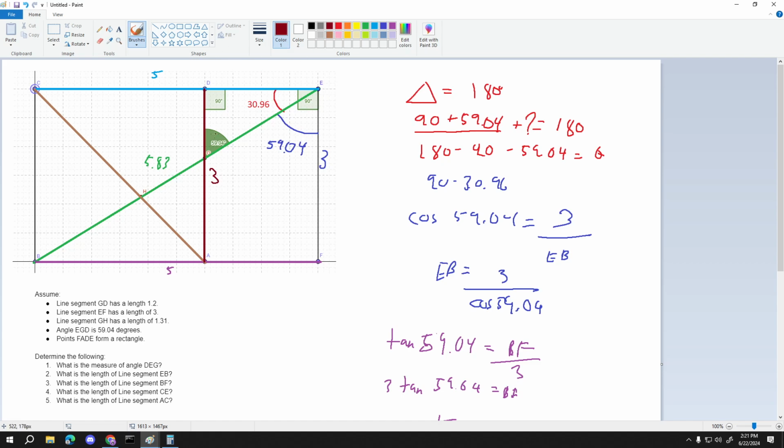For DE, we have our angle here, 59.04. We also have the line segment GD, which is 1.2. Okay, so what is DE? Using tangent, tangent 59.04 is equal to opposite DE over adjacent 1.2.